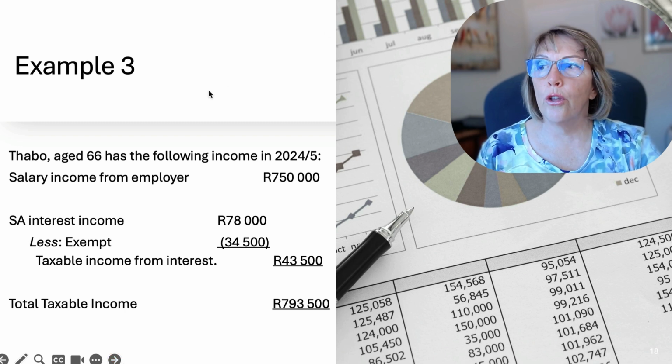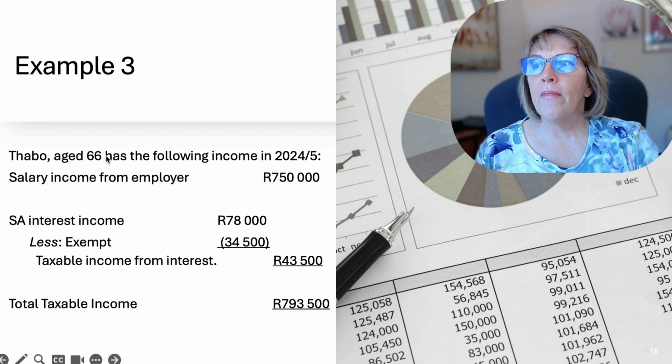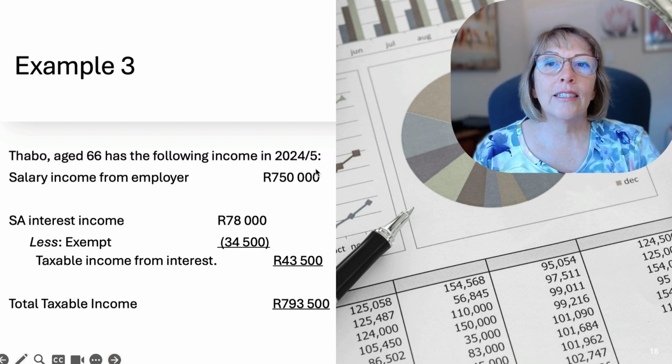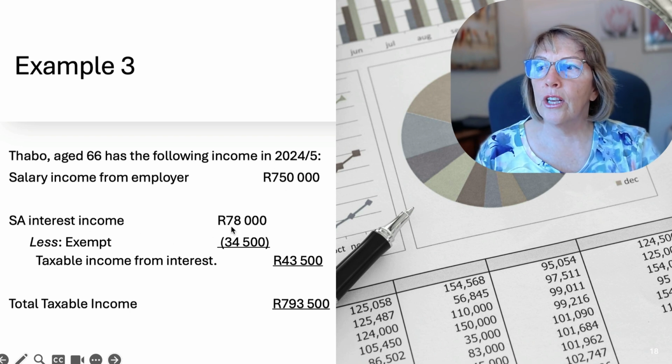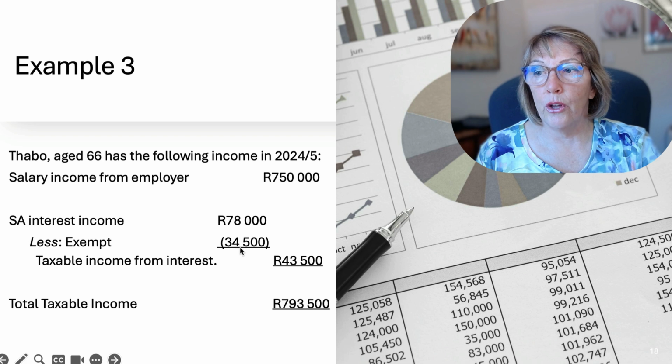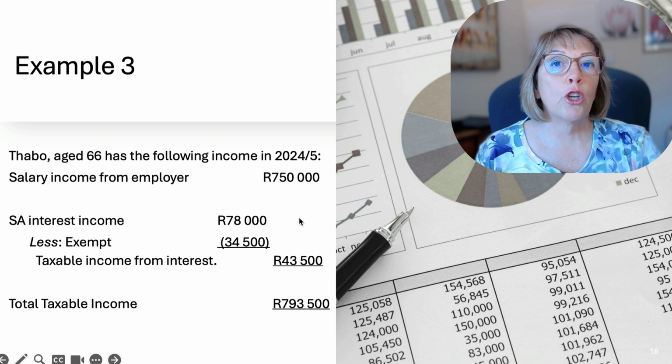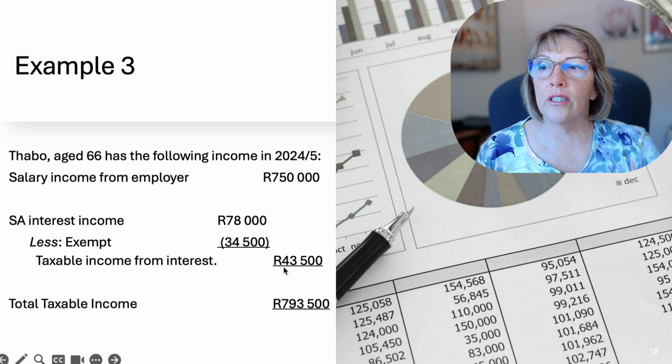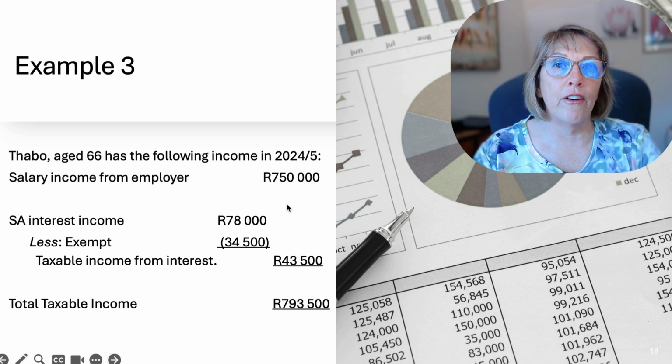But let's look at this third one. So here we have Thabo, age 66. He has income salary of 750,000 and he earns a nice amount of South African interest, 78,000 for the year. He's over the age of 65, so he gets that exemption of 34,500. So his taxable income from interest is 43,500. So again, he's got income other than remuneration. He's not carrying on a business.